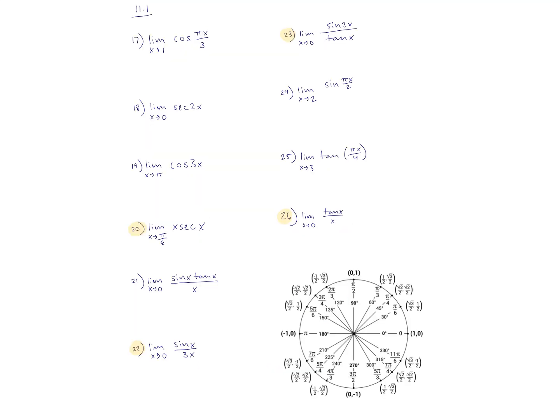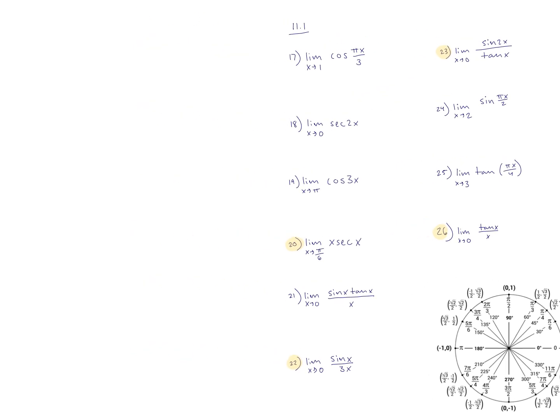So with our limit questions, first thing we always want to try is direct substitution. Keep in mind, this will come in handy on the test, if you have either 0 over 0 or undefined over undefined, when you use direct substitution, you can use L'Hopital's rule, which is when you take the derivative of your numerator and you take the derivative of the denominator and then try direct substitution again.